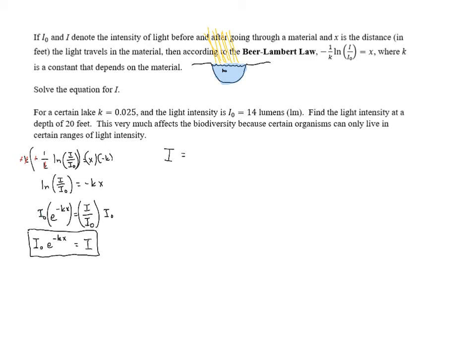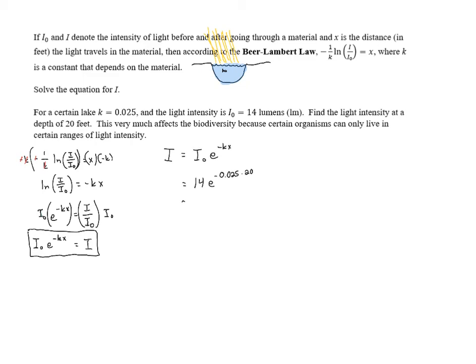So we have I equals I naught times e to the negative kx. In this case, I naught, the original light intensity, is 14 lumens, times e to the negative k, which is 0.025, times x, which is 20 feet.